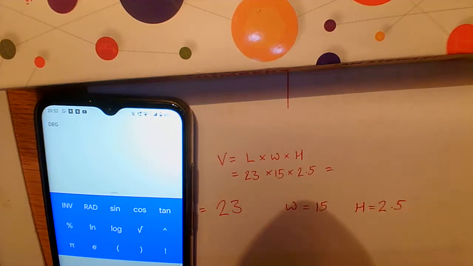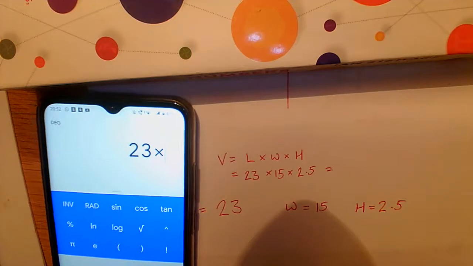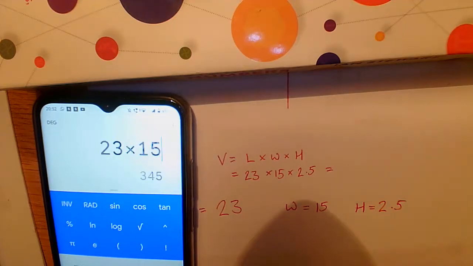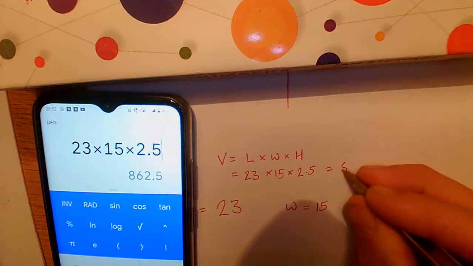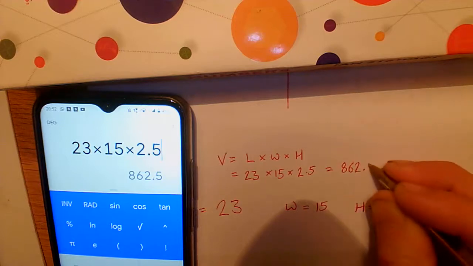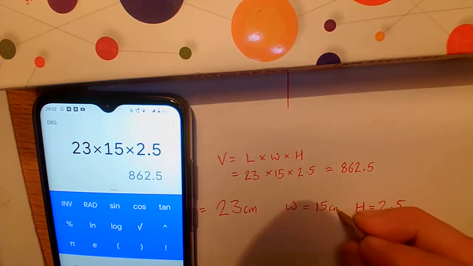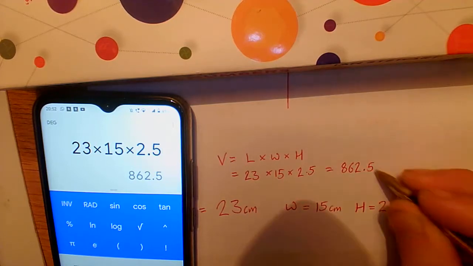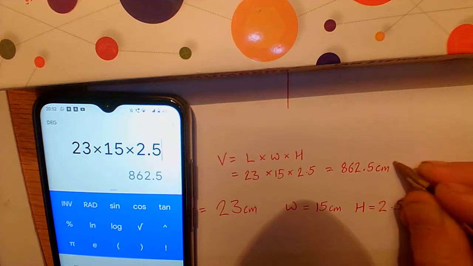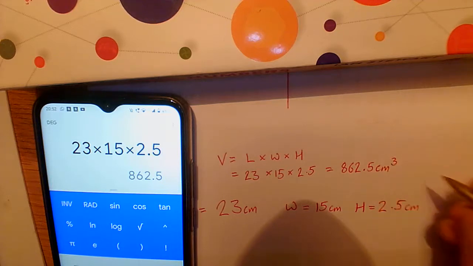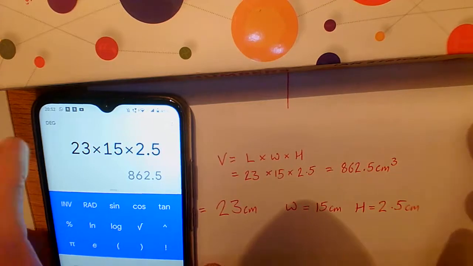And then we can put it into the calculator. So we've got 23 times 15 times 2.5, which is 862.5. Now remember, all of these were measured in centimeters, so my answer here is centimeters cubed. So I can go and find real-world objects, measure my length, my width, and my height, and work out the volume of an object.